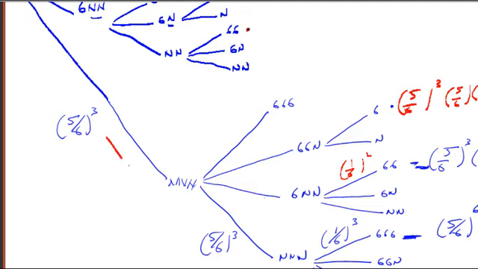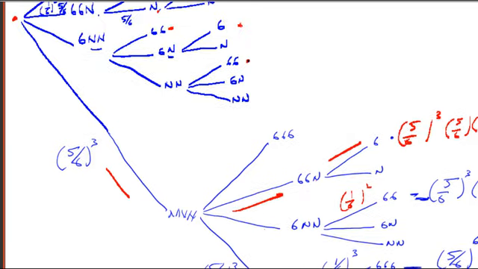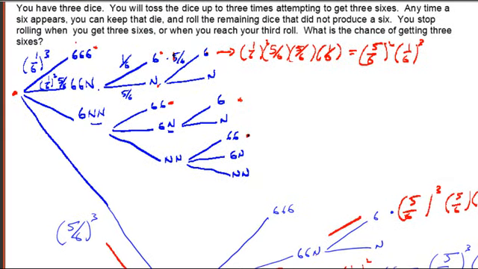So again, that's going down this set of branches right here. So that gives me 5/6 to the, let's see how many times, I got 3, 4, 4, and that gives me 1/6 cubed. That should be right.